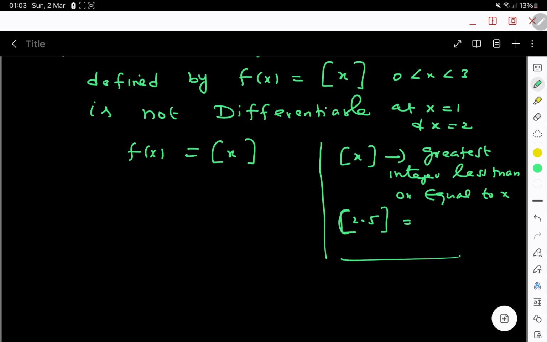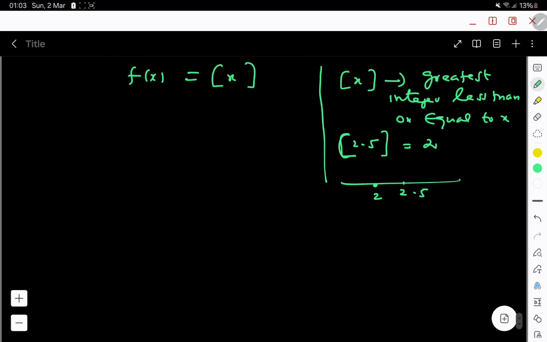I am taking this point as 2.5. What is the greatest integer less than 2.5? 2. Okay, I am writing 2 here. Similarly, what is the greatest integer of 4.5? It is equal to 4. So this is the greatest integer value.